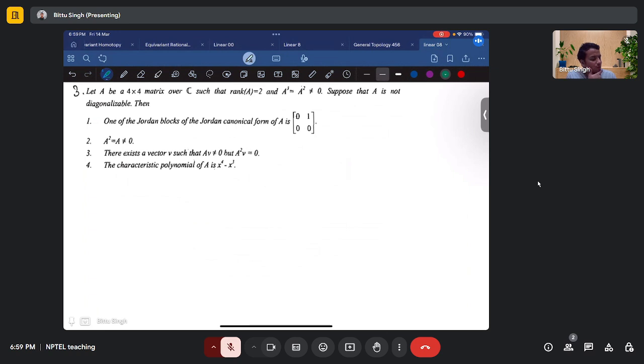So it is given that A cube equals A square. Therefore A cube minus A square is 0. So if we take this polynomial, we have this annihilating polynomial. x cube minus x square is an annihilating polynomial.